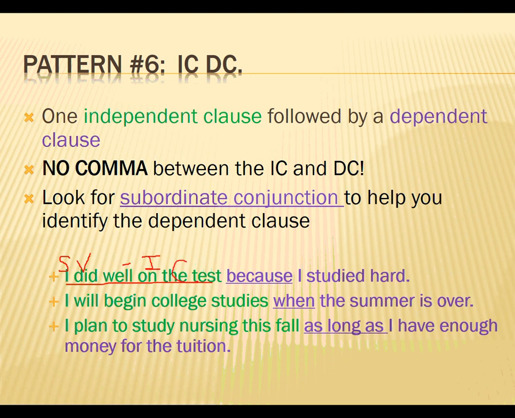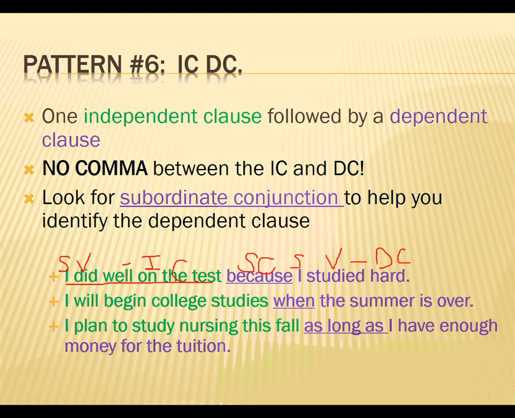In the next clause, because is the subordinate conjunction. The subject is I, the verb is studied. The second clause is the dependent clause because it begins with the subordinate conjunction, followed by both the subject and the verb.